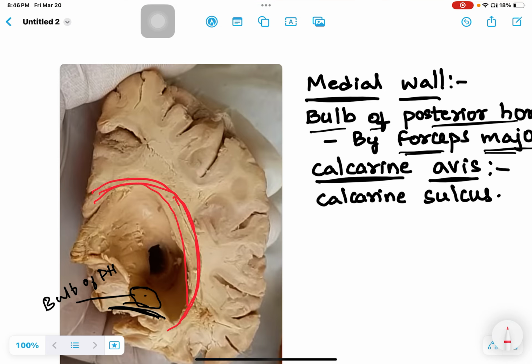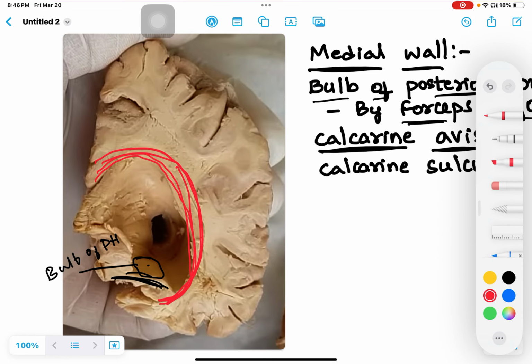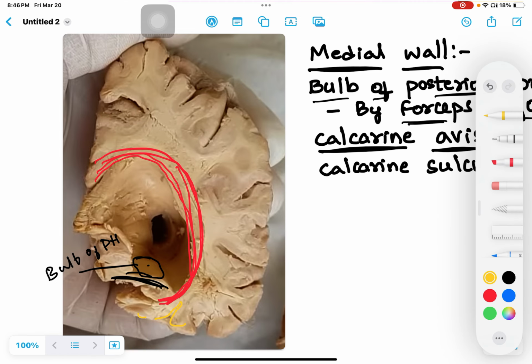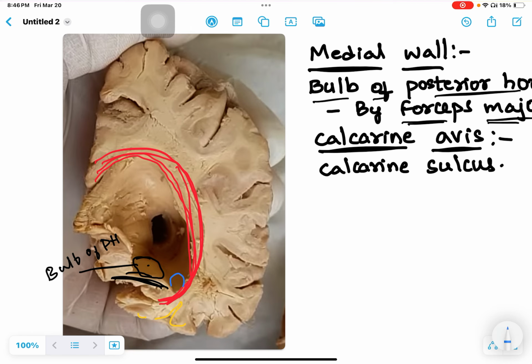These are all the tapetal fibers which are forming the roof, lateral wall and floor. And just beneath it you can see one more bulge or projection formed by the calcarine sulcus. The calcarine sulcus is projecting inside and forms one more projection into the posterior horn.